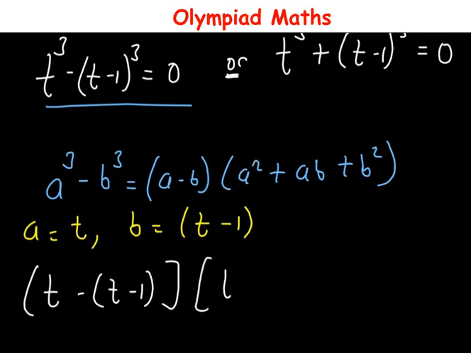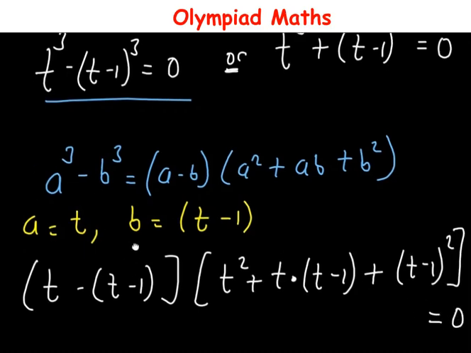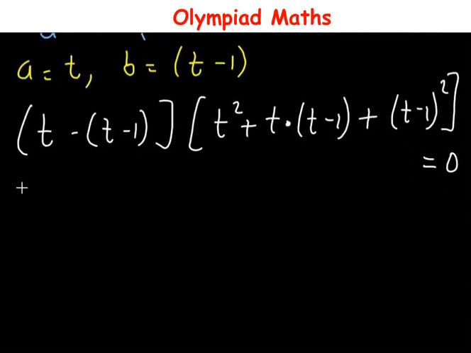A is t, so t^2, plus a times b, where a is t, multiplied by b, which is t − 1, then plus b^2. So b is this, so (t − 1)^2. All of this equals 0. From here, we have (t − t + 1): minus times t is minus t, minus times minus 1 is plus 1.